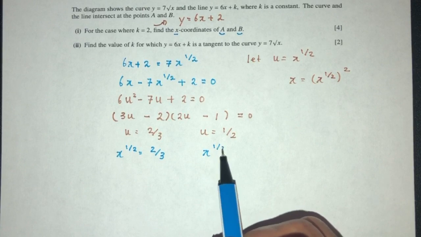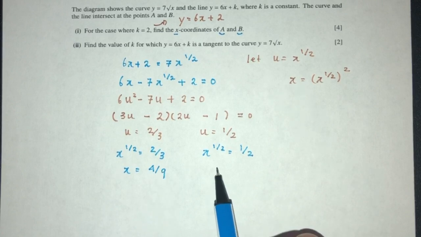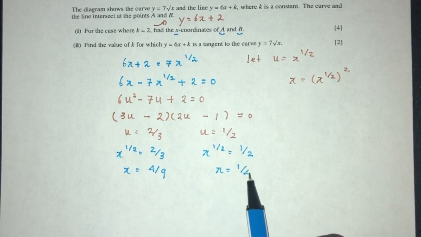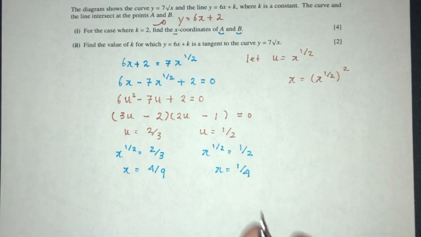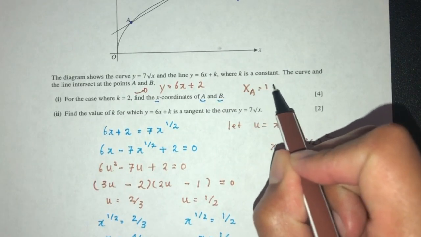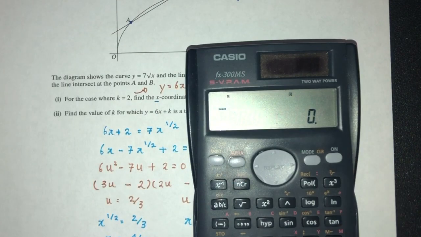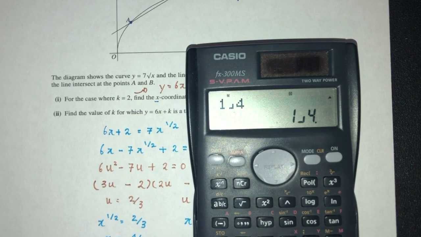X power half is 1 over 2. Square both sides, you will have x here, and that should be 4 over 9, and here you will have 1 over 4. Here you go. The x value of a should be 1 over 4. Let's see which one is bigger. 1 over 4 is this value.